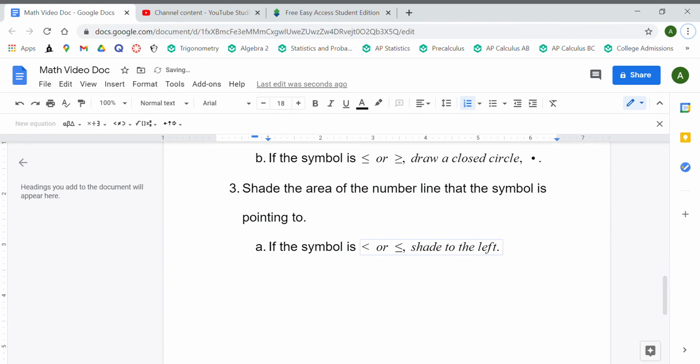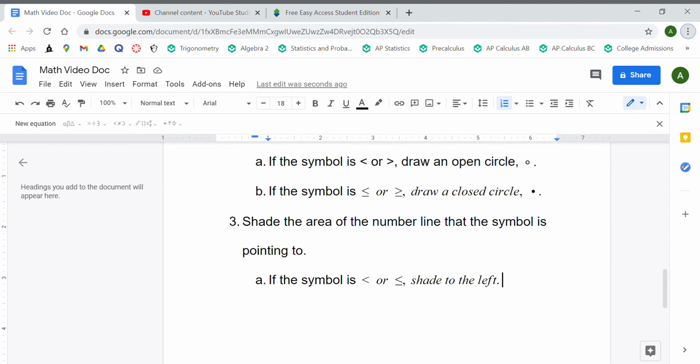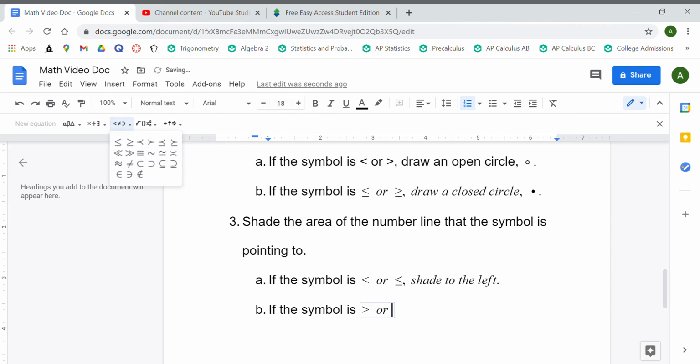Shade to the left. And then I bet you could figure out what the other one is, given what I just told you. Sorry. Alright. And then if the symbol is greater than or equal to, shade to the right.